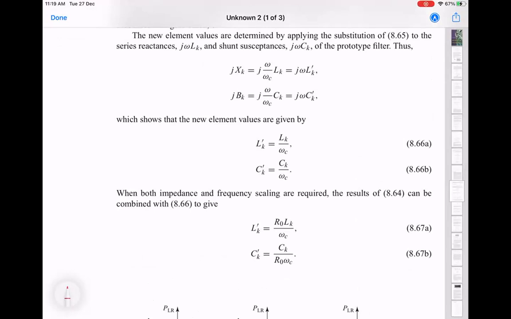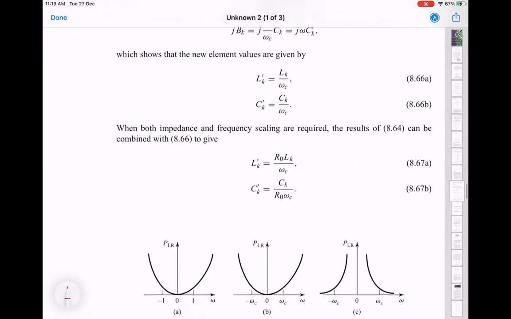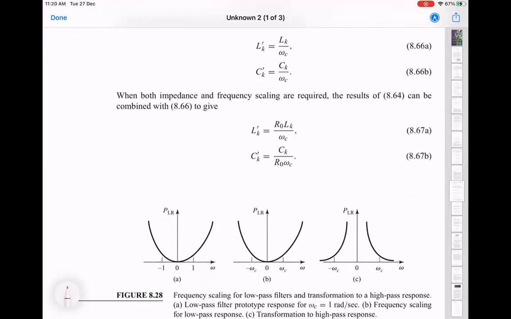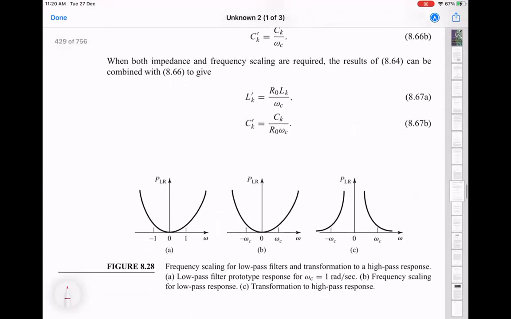Okay. So remember that this will now give you the correct units for the inductance and the capacitance. So it went from dimensionless into something which looks like an impedance, and then you scale it by frequency to get you an inductance. And same way for the capacitor.